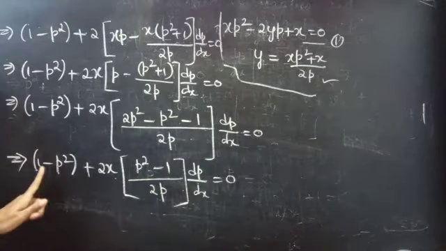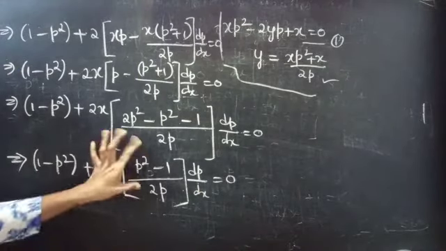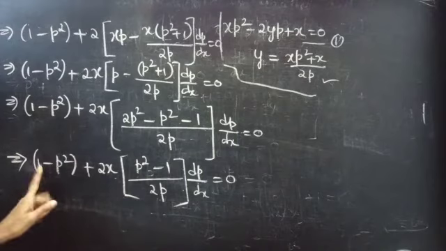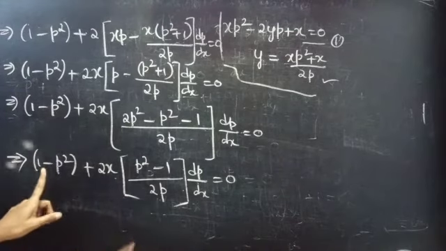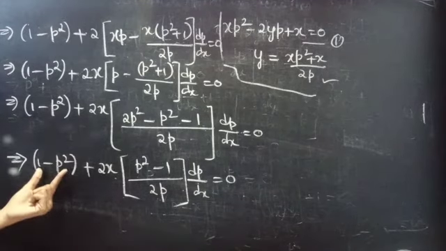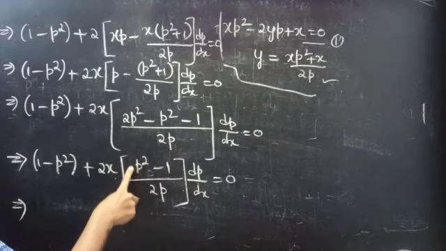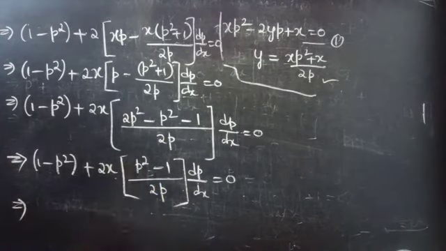So you are having 1 minus p square in the first term and p square minus 1 in the second term. Either change these two in the form of 1 minus p square or p square minus 1, it's up to you. What I'm going to do is simply change it into the 1 minus p square form. For that purpose, we need to take minus common from these two terms.